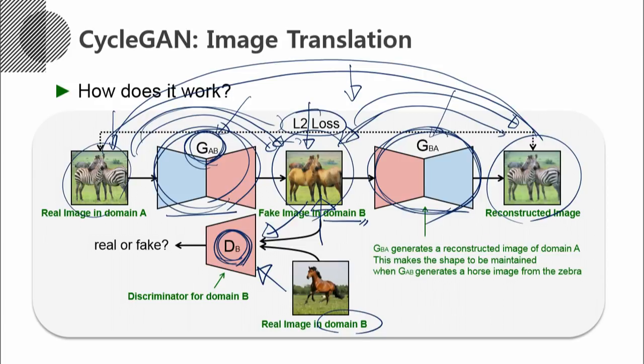Otherwise, if it generated completely different horse images with just a brown color, it would be okay to deceive our discriminator, but it would no longer be able to reconstruct the original given images. So through this L2 loss, we force our generator network to maintain the original shape of the image.